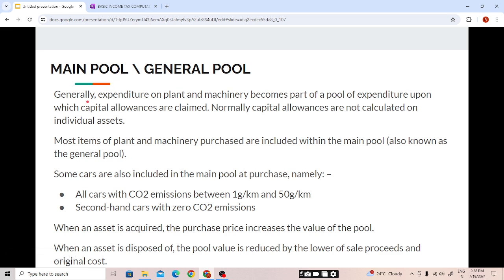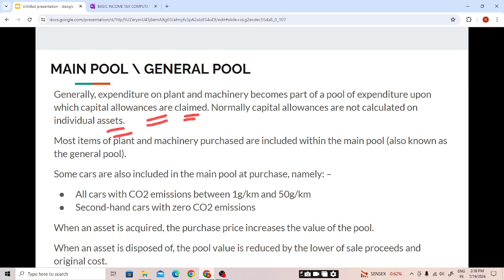General pool. Generally, expenditure on plant and machinery becomes part of a pool of expenditure upon which capital allowances are claimed. Normally, capital allowances are not calculated on individual assets.